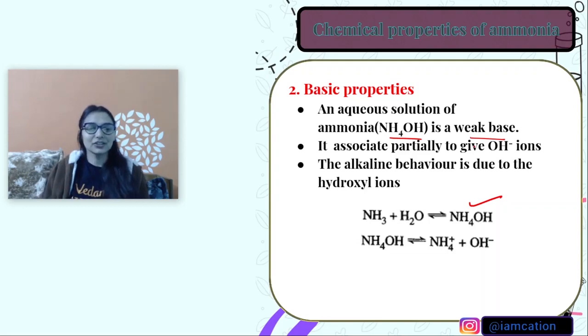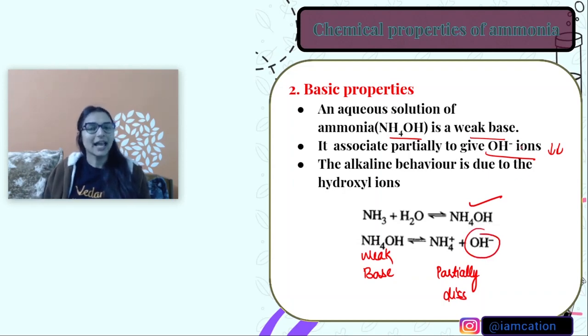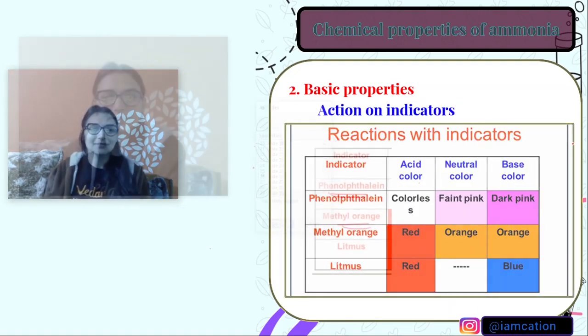It can dissociate to give OH ions, and these OH ions are less in number because it is a weak base, and weak bases are not completely dissociated, right? It will partially dissociate, partially break down, to give fewer OH ions. And the alkaline behavior is also because of these hydroxyl ions that it is giving.